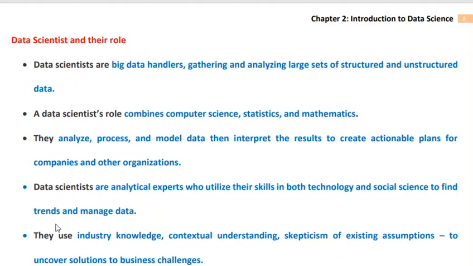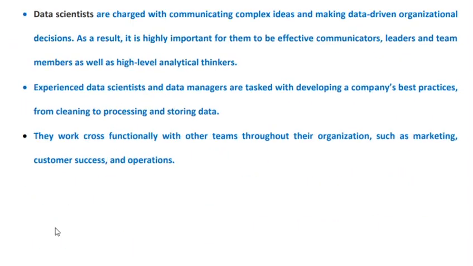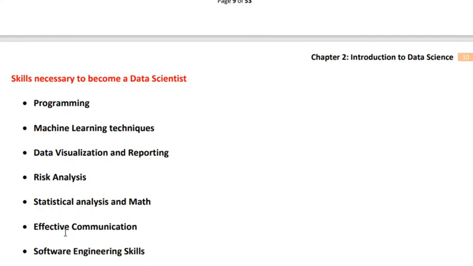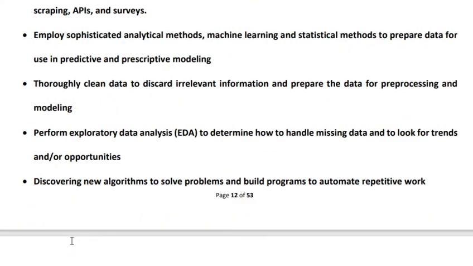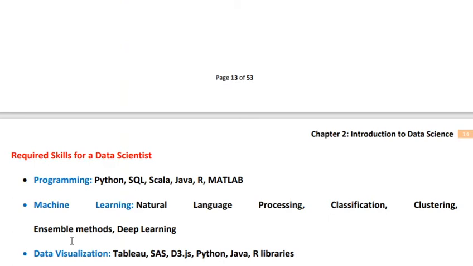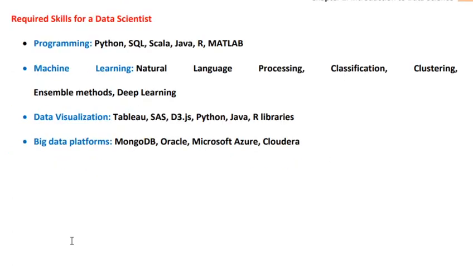Then we acquainted ourselves with some of the important roles that a data scientist has to perform. Then we moved on to some of the necessary skill sets to become a data scientist. Then we discussed some of the essential responsibilities of a data scientist. And then we visited some of the technical skills that are required by the data scientist.